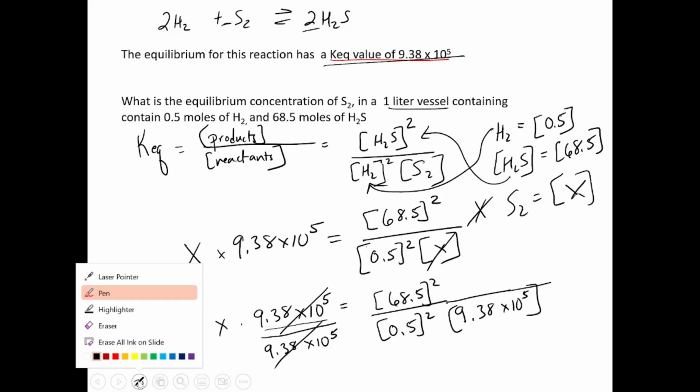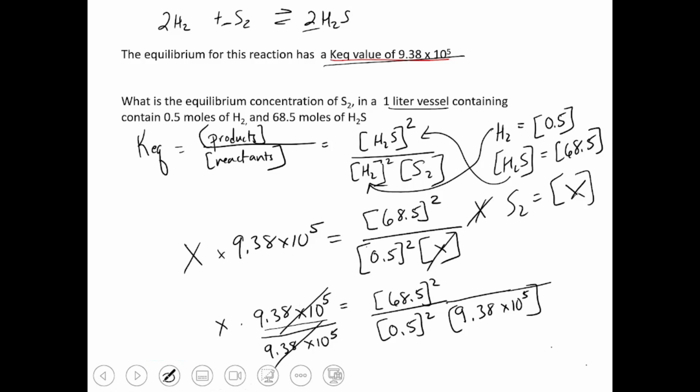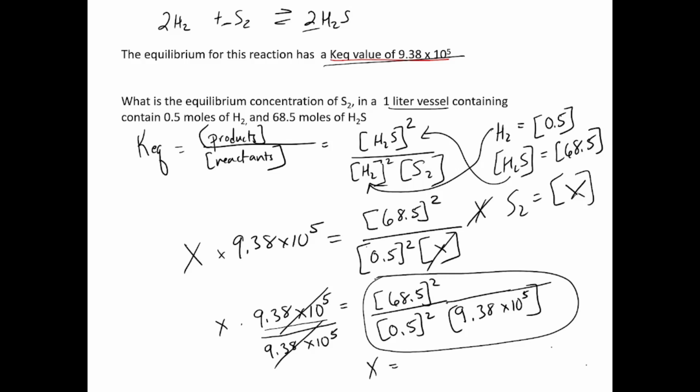So I now have just X on this side of my equation, and X is going to equal whatever this number is when I put all those numbers in my calculator. I'll give you a hint. Since I took this from the last problem and I used the same numbers, X should come out to be 0.02 moles of S2 in that 1 liter vessel.